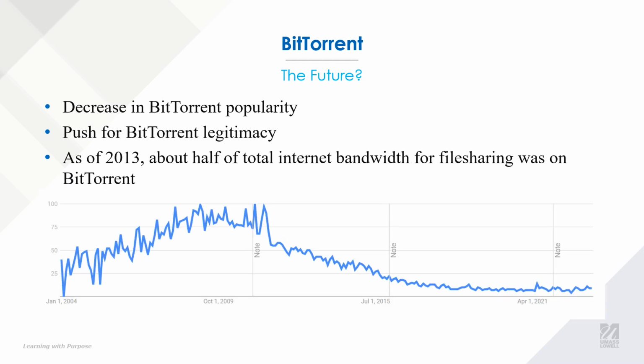In recent times, torrenting has steadily fallen in popularity, seeing its peak in the early 2010s, and hasn't reached that high since. Though, despite this, there are still 28 million people torrenting daily, and as of 2013, it makes about half of all internet bandwidth for file sharing specifically. I know that sounds like a lot, but it still pales in comparison to the billions of people still downloading things the traditional way.